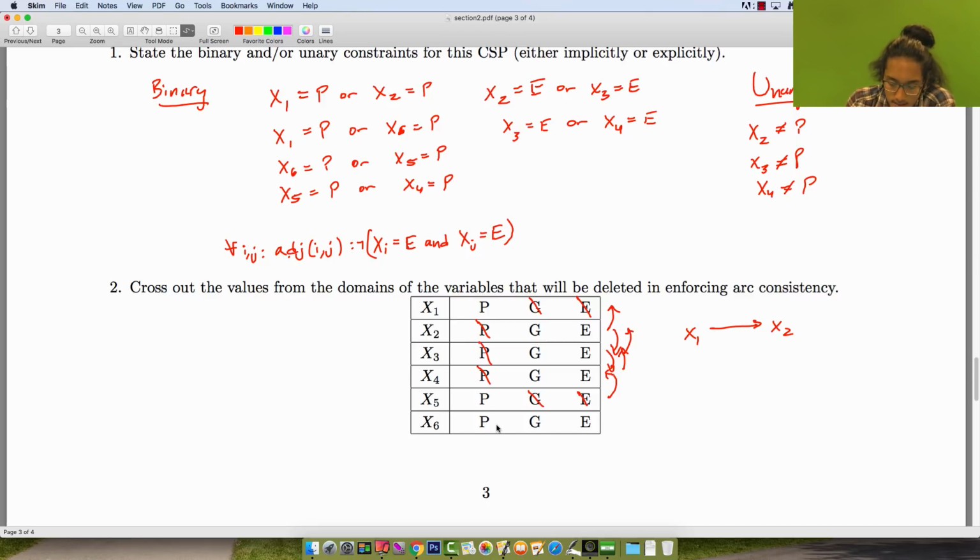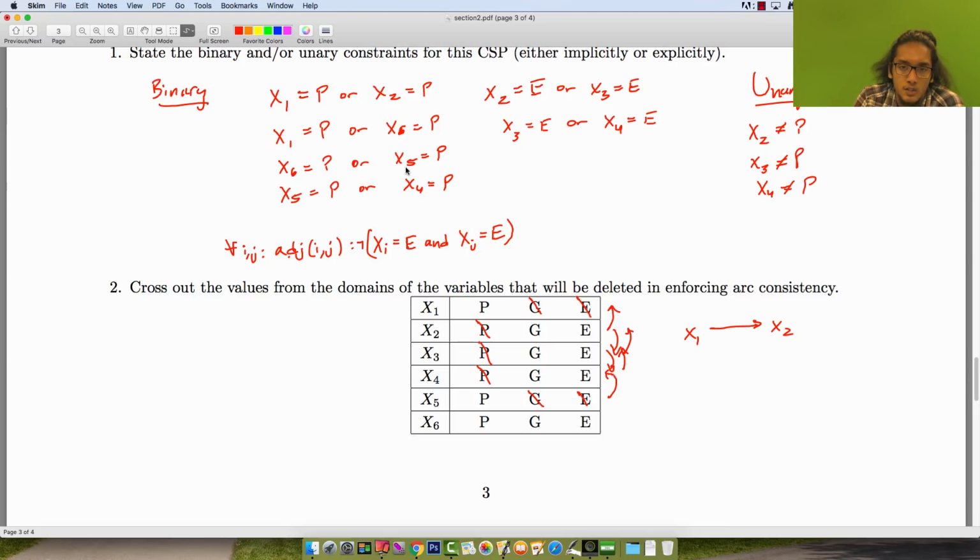And in each of these cases, there is always something which I can assign in either x1 or x5 which satisfies each of these for x6, right? Because what is the only constraint involving x1 or x5 and x6? It's these constraints, right? There's this one for x1 and x6. There's this one for x5 and x6.